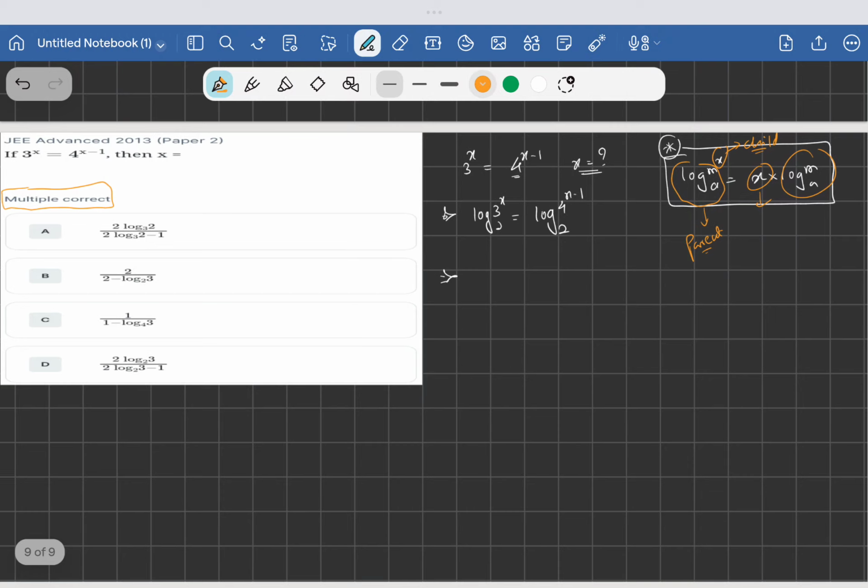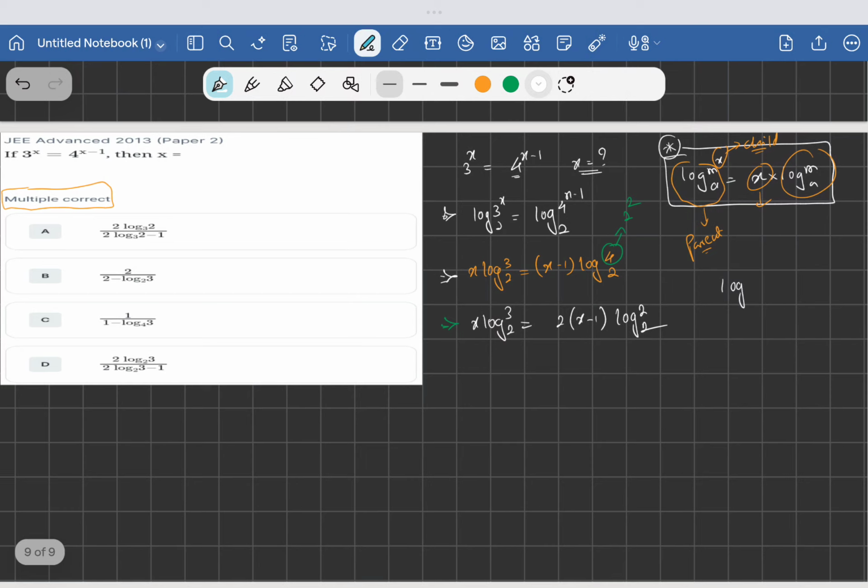By using the formula, we get x log 3 base 2 equals x minus 1 into log 4 base 2. You can observe that this 4 can be written as 2 to the power 2. So x log 3 base 2 equals 2 into x minus 1 into log 2 base 2.